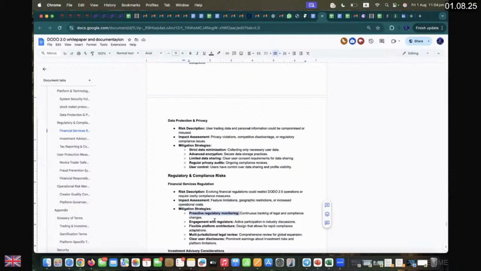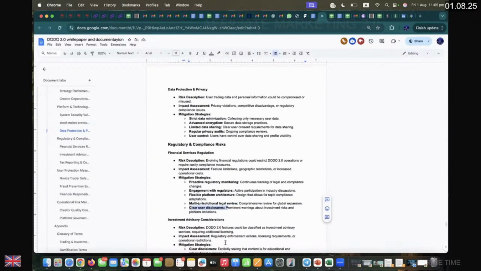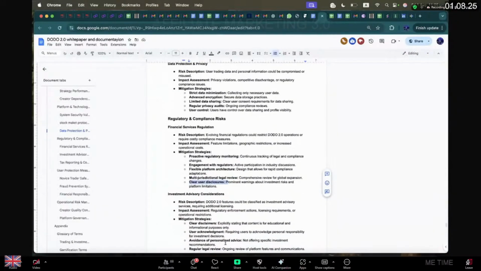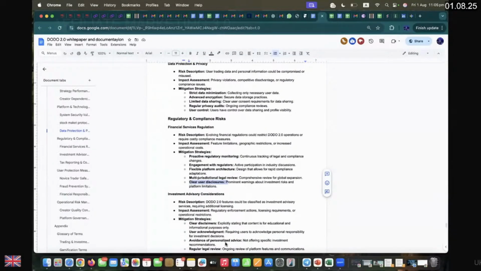We proactively monitor what is coming and we engage and we develop accordingly according to upcoming policies in the regulations. Engagement with the regulators, flexible platform architecture, multi-jurisdictional legal review, and clear user disclosures. This is going to help us move in a long term in a very big way.